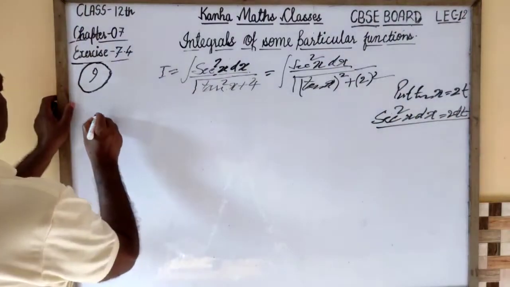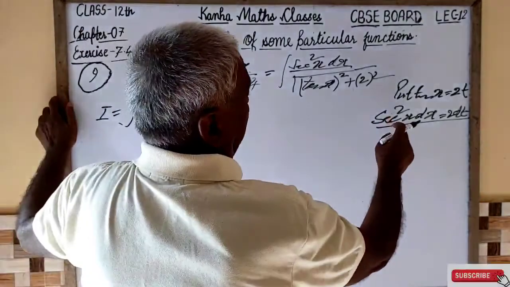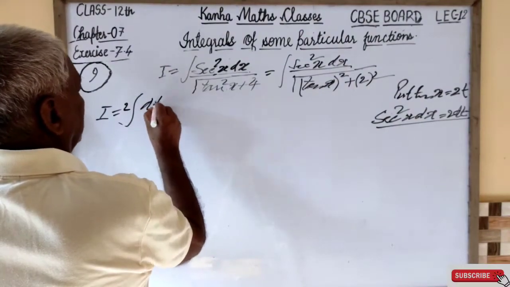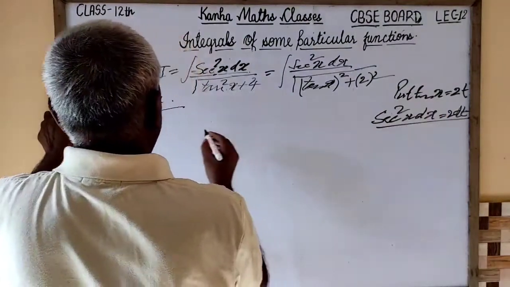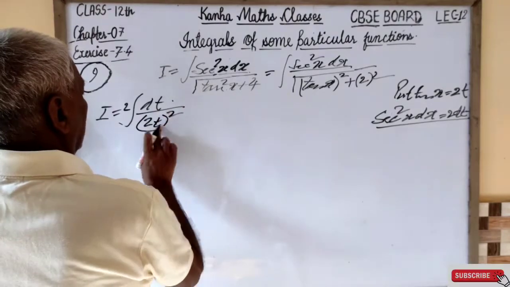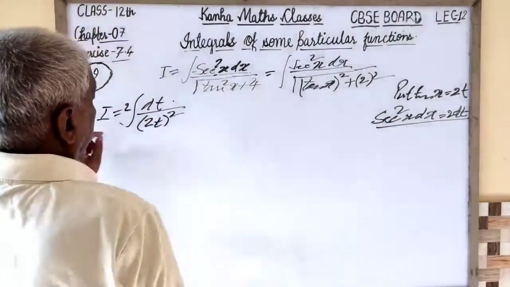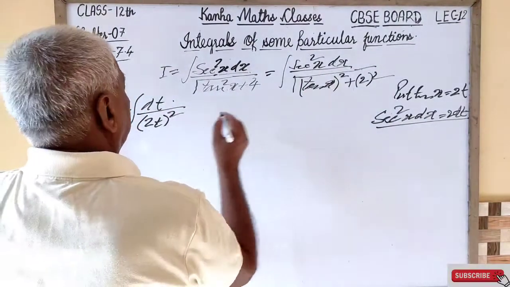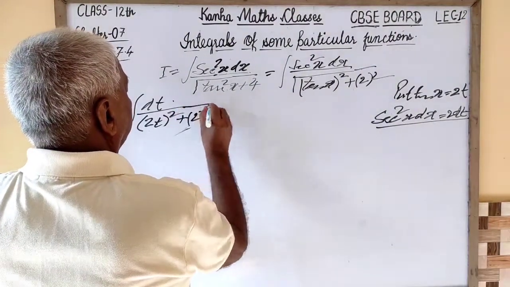Hence I will substitute: integral sec square x dx will be equal to 2 dt, and this is tan square x, which means 2t whole square, because we have substituted tan x is equal to 2t. And this is 4, it may be written as 2 square.